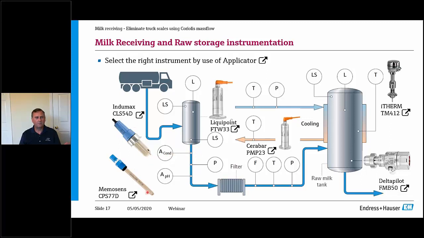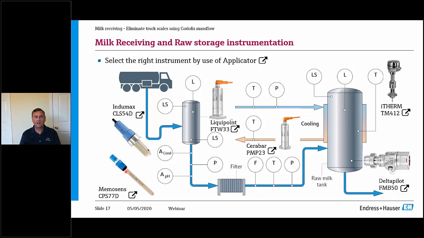We also see pH measurement, and here it needs to be a non-glass pH sensor, because you really don't want any glass sensor in here that could potentially break and get into the product. The reason for the pH sensor is that before potentially spoiled milk comes into the plant, you can block it. You can stop the process.